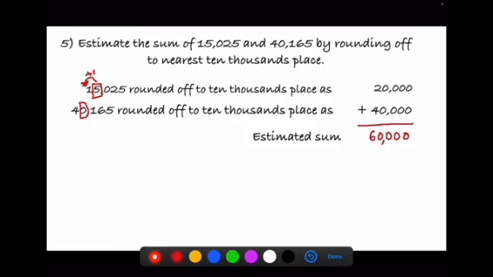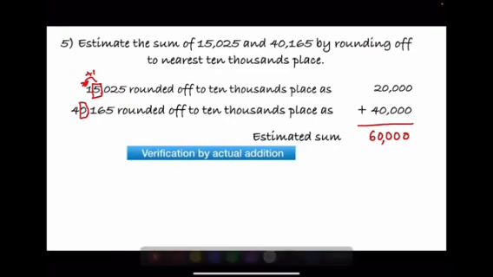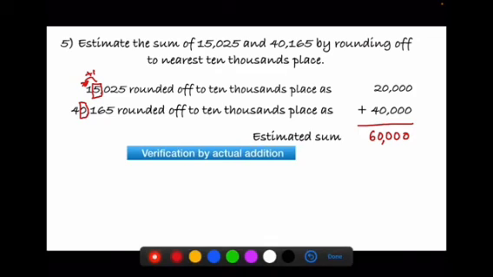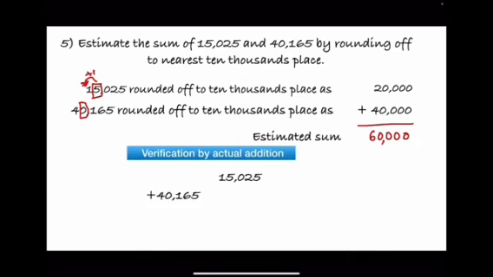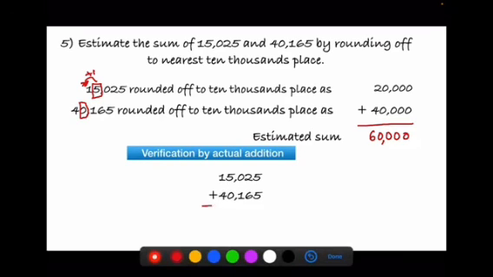Now with respect to addition, when we actually add the two numbers as they are without rounding off, the sum we get is: 5 plus 5 is 10, 0, then 6 plus 2 is 8 plus 1 is 9, 1, 5, 4 plus 1 is 5.